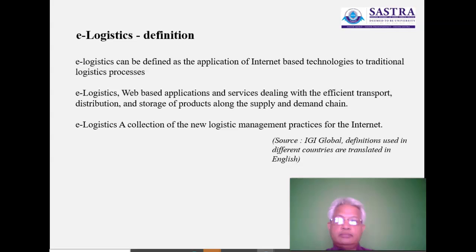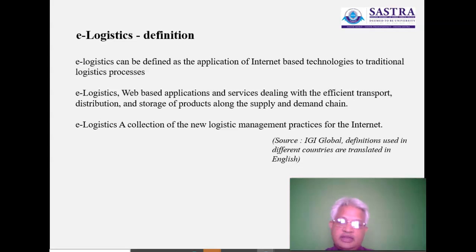Now, we'll go for understanding a very clear definition which is given by different authors in different texts and different literatures with their own perspectives. The first definition we have already gone through in the previous slide, which is e-logistics is defined as application of internet-based technologies to the traditional logistics process.